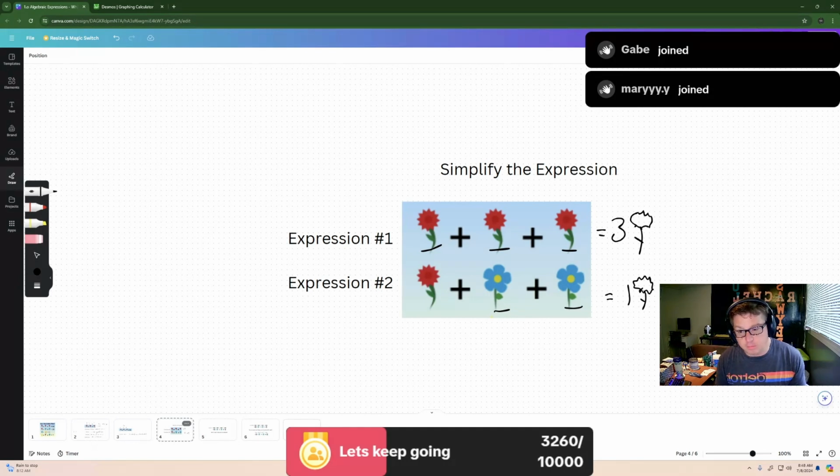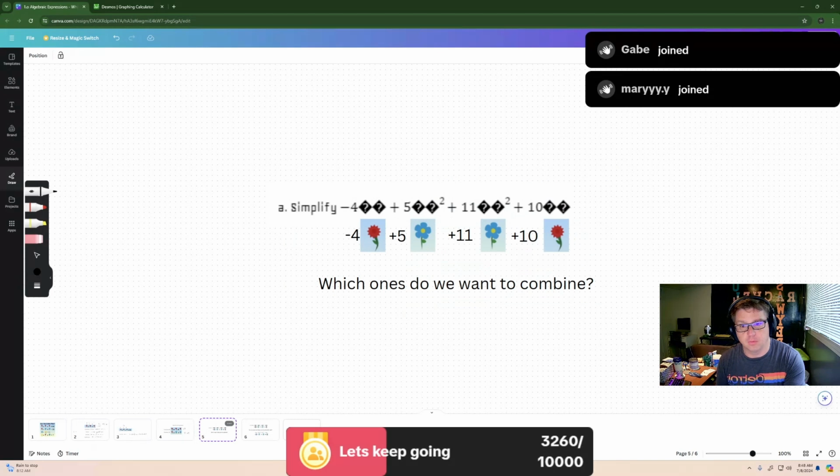Now, when it comes to going on to a math problem with like simplifying where they could put x and y, xy squared, xy squared, and x and y, we want to group these together, kind of that same idea. So I put a red flower for this one and a red flower for that one because they're both just x and y, where this one I put a blue flower because it's xy squared, xy squared.